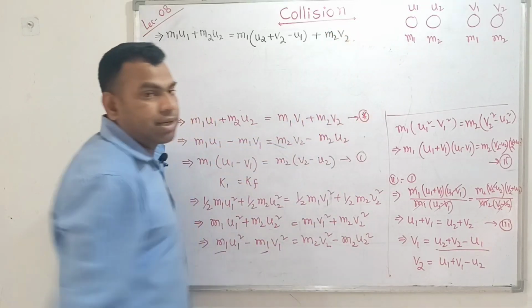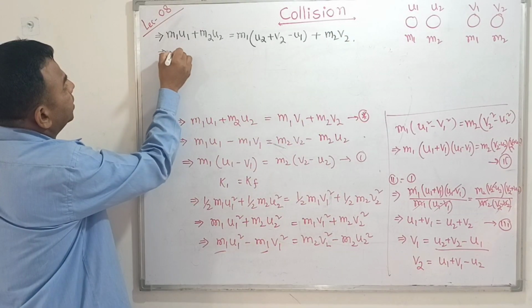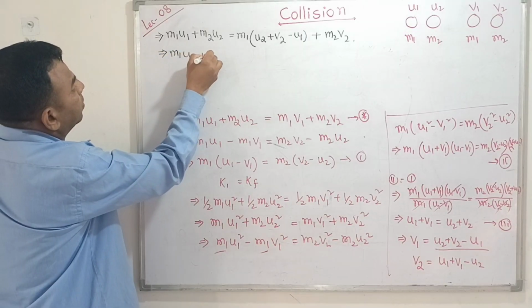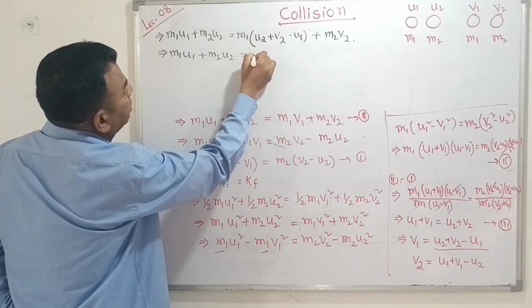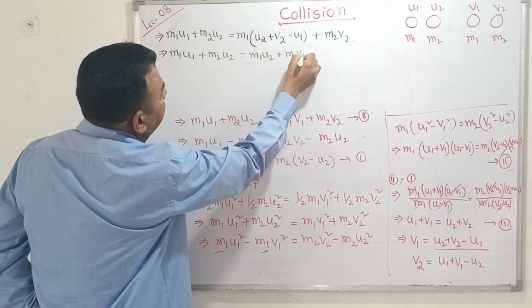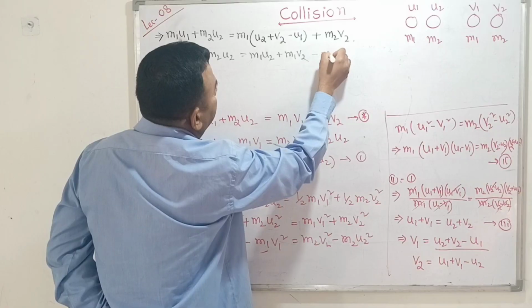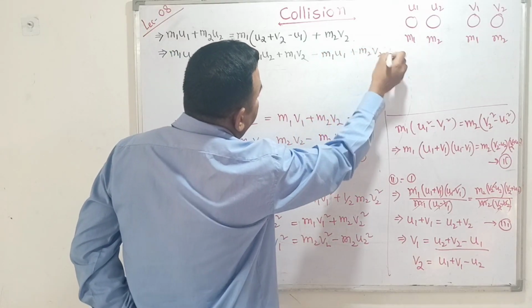Is it correct? Okay. Now there is m1 u1 plus m2 u2 equals m1 u2 plus m1 b2 minus m1 u1 plus m2 b2.